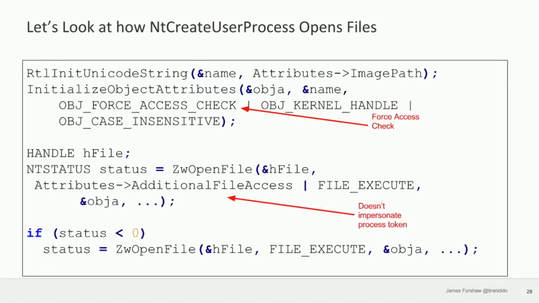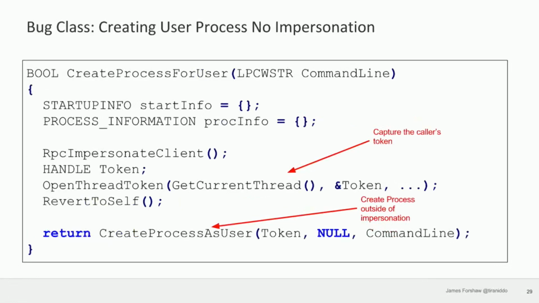The token you've passed as the primary process token is not referenced in any way during this operation. So the only identity this will get run under is the caller's identity, which, if it's a system service, is the system process, the system user, which means you could potentially open files you're not supposed to be able to access.